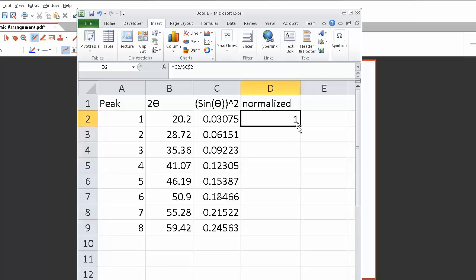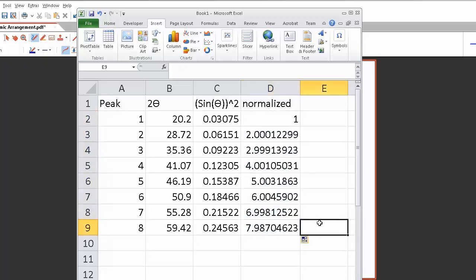Let's copy this equation down, and now we get the ratio of this sine squared theta value to the lowest value of sine squared theta, and we see a pattern. Now remember, this is experimental data, and if we were actually to do this experiment in the lab, we would not get exact integers here. There is always some experimental error in the measurement of the theta angle. But we can now look at this.